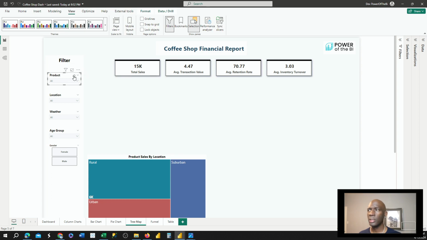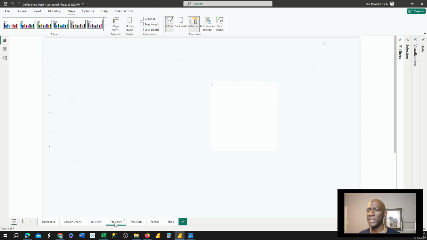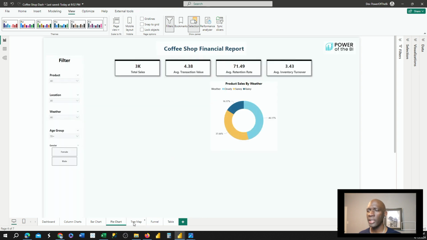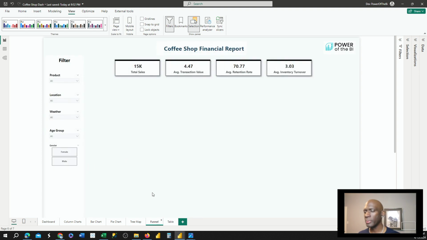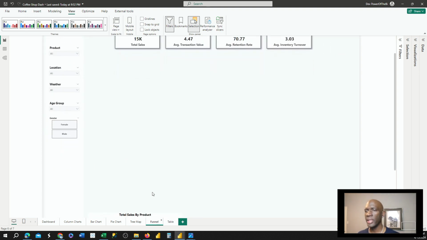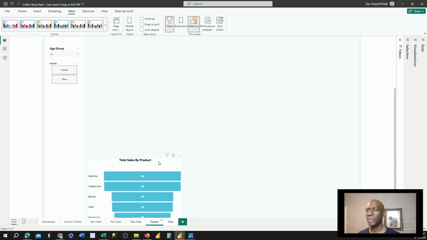Let's see here. So let's clear that out. So we see now that we can analyze the data using a pie chart. We can analyze the data using a tree map. And last but not least, we are going to analyze the data right now using a funnel.